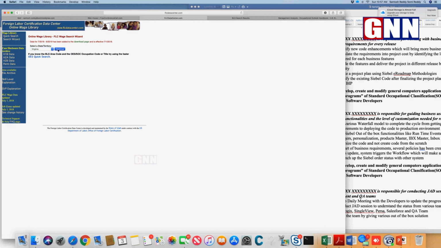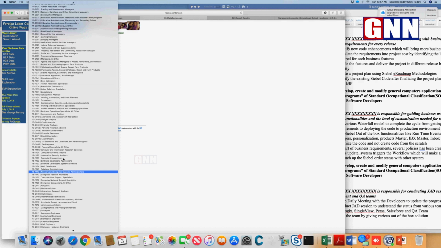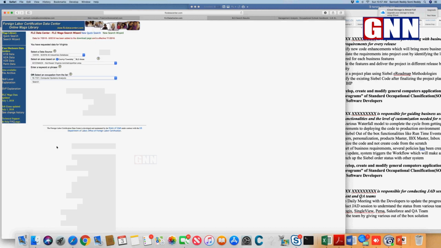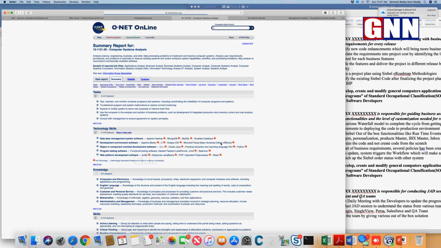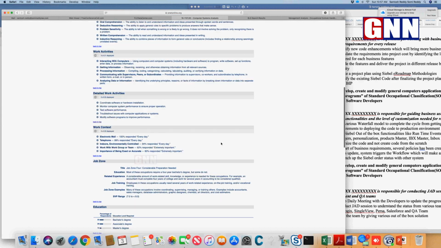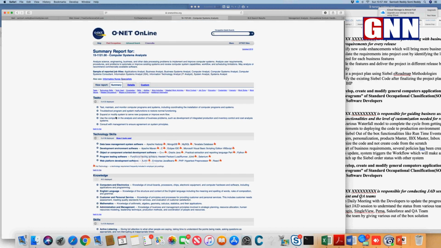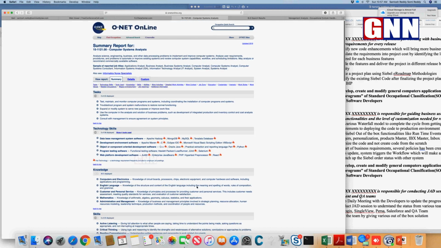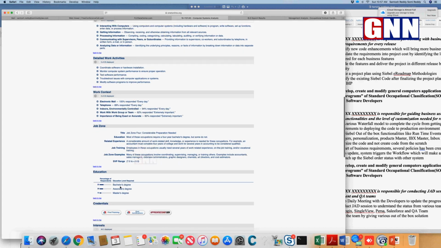Go to the search wizard, select any state. For example, here I have selected 15-1121, right? If I do a search and go down, it shows that a computer systems analyst position requires only 33%.